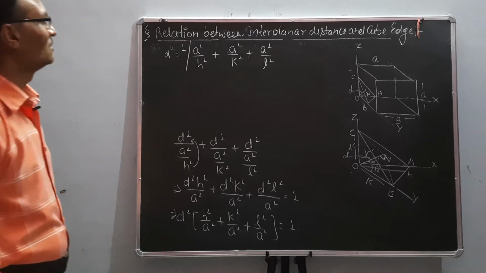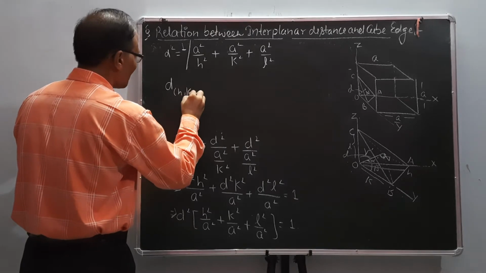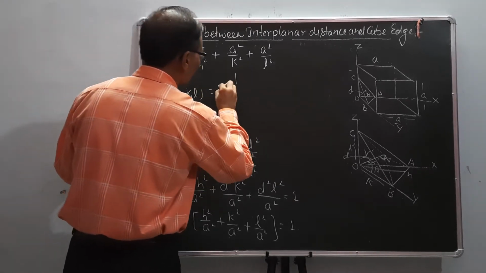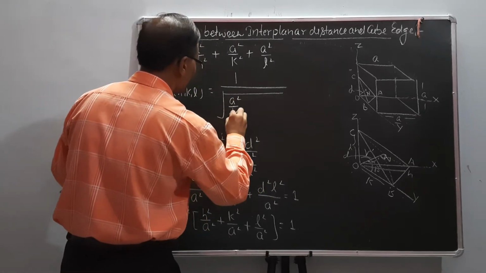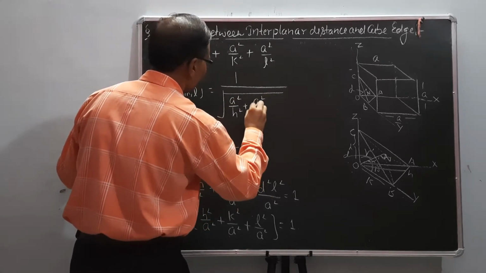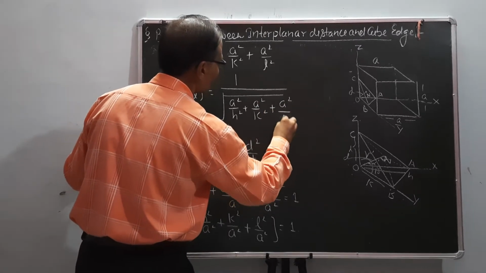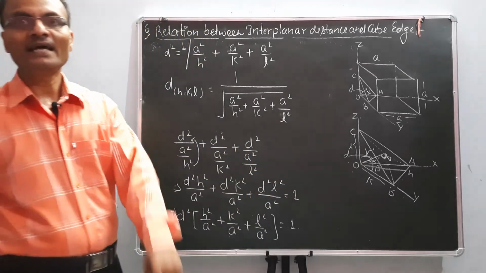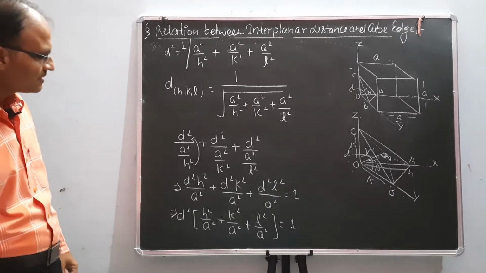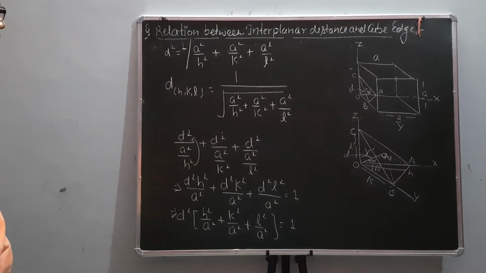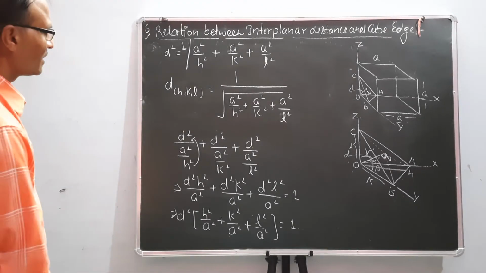Now the value of d, with suffix h k l, equals 1 upon under root a square upon h square plus a square upon k square plus a square upon l square. If the lengths of a, b, c are different, then d equals a square upon h square plus k square plus l square.